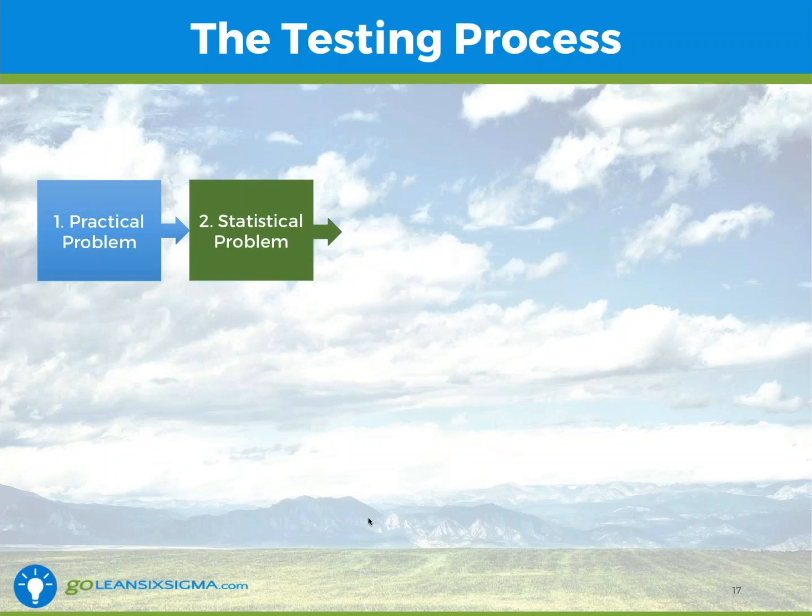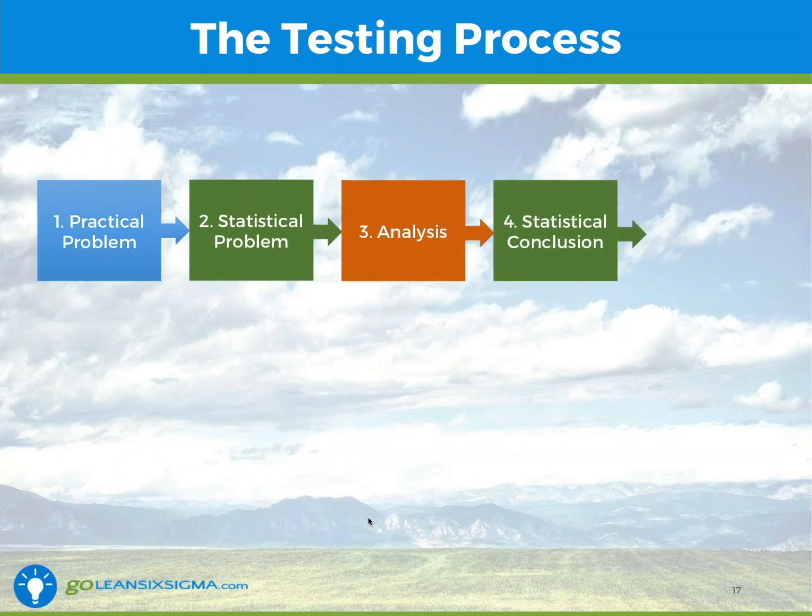And I know that those of you that just saw the word statistics or heard me say it, I might have lost you, but hang in there, because we're going to take it into statistics, and we're going to come back out and make sure that it's grounded in the real world impacts. So first practical, then statistical, then we're going to do our analysis. We come back to a statistical conclusion, which leads us into a practical conclusion, right? We're going to go in and then come back out.